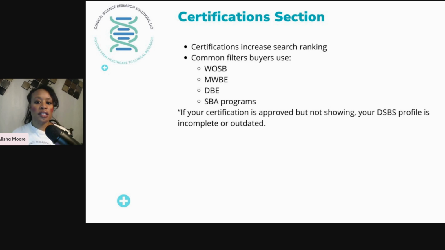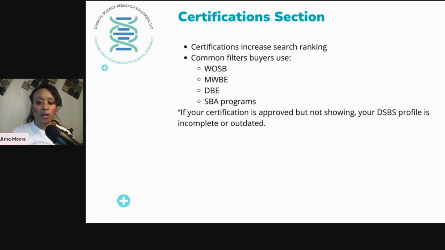The certification section. Certifications increase your search ranking. Also, it helps you to stand out from the rest of your competitors. So a lot of times common filters buyers use are WOSB, MWBE, DBE, and SBA programs because they have what you call set-aside contracts, or just contracts that are specifically for companies that have these certifications.